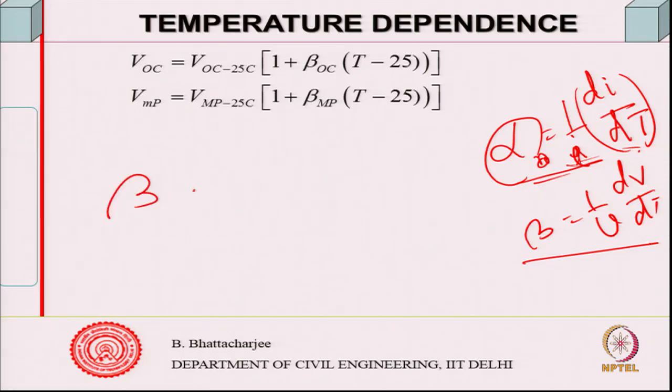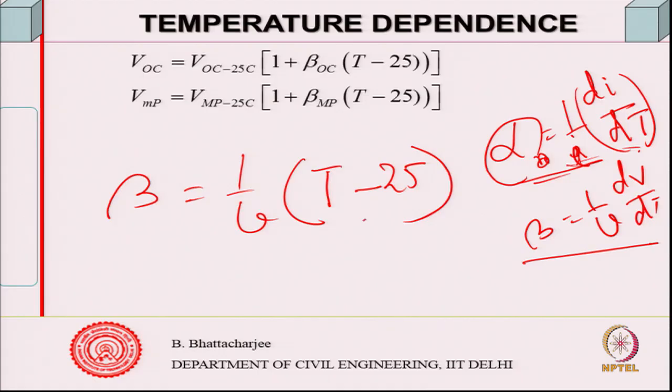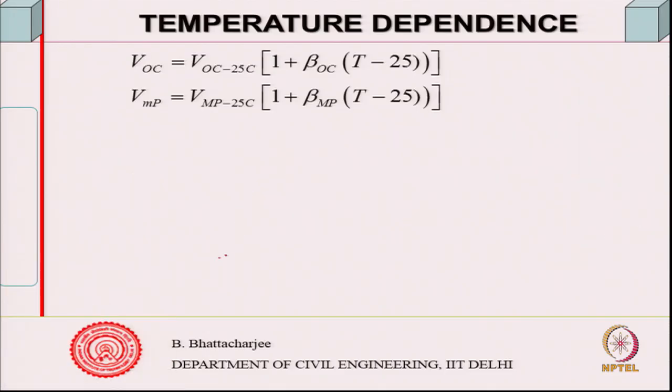Voltage part first. Beta is 1 by V dV dt, and let us say my reference temperature is 25. Let me clear it up and write it again.